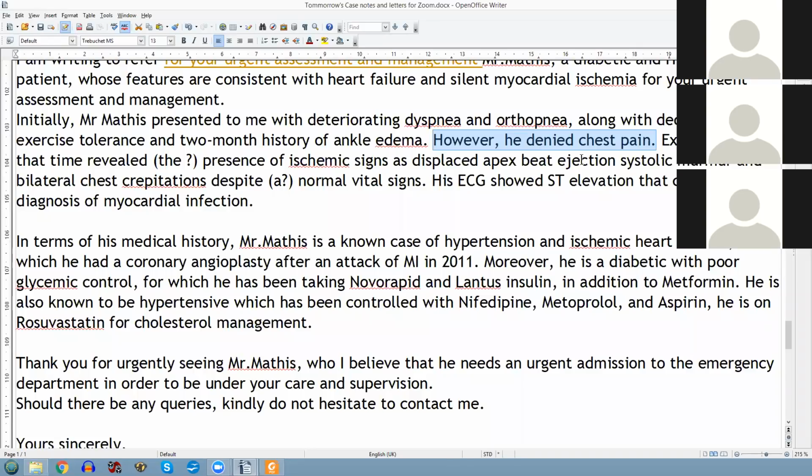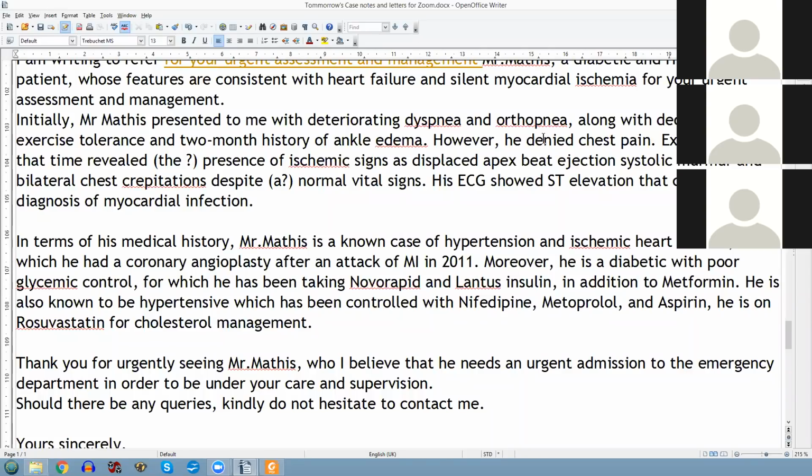And it's a very short sentence, and you add it to the sentence so it just reads kind of strange. So he has got this and this and this, and then stop. "However, he denied chest pain." It just doesn't flow, you know.